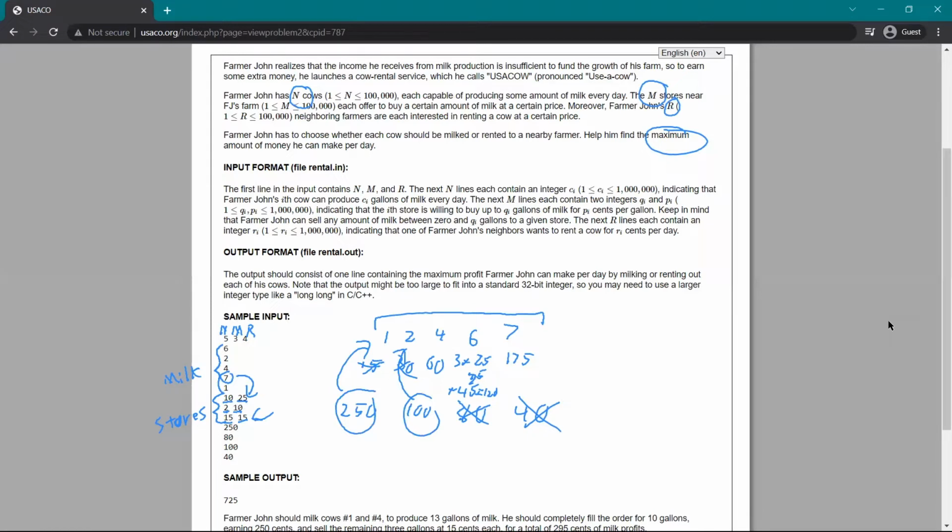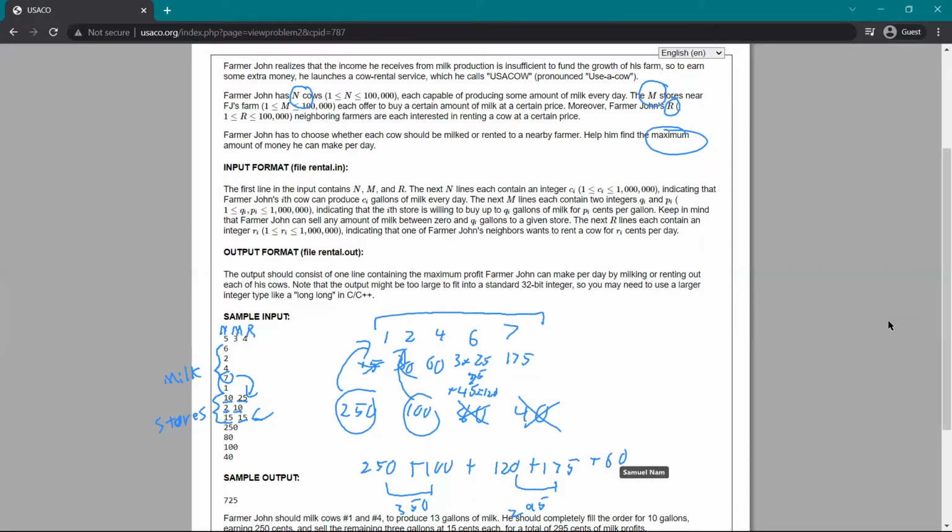So if we add them all up, first let's group them together so that it's easier on us. So it's 350, this is 295. If we add them again, oh, we forgot 60, my bad.